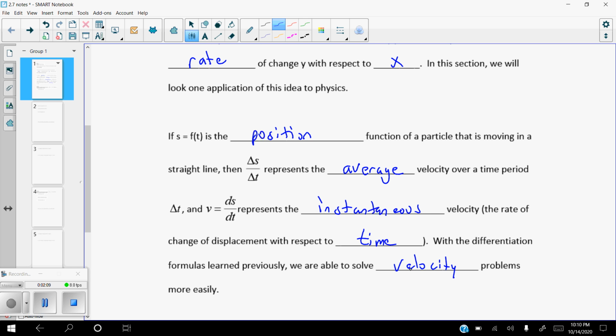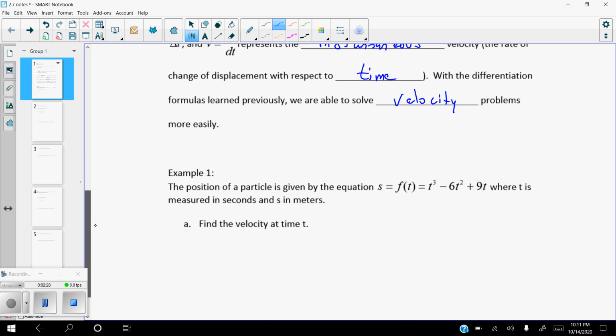If you're given a position function, the derivative is the instantaneous velocity. You can find an average velocity by doing a change of position over a change of time, but the instantaneous velocity is the derivative of position.